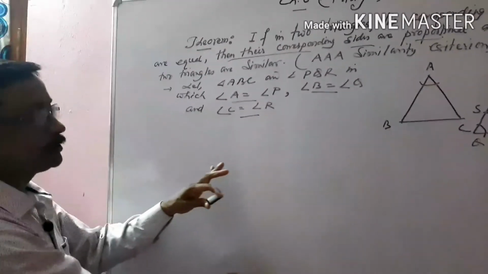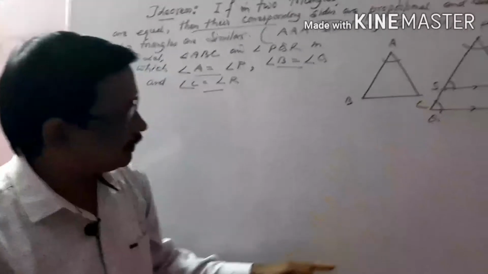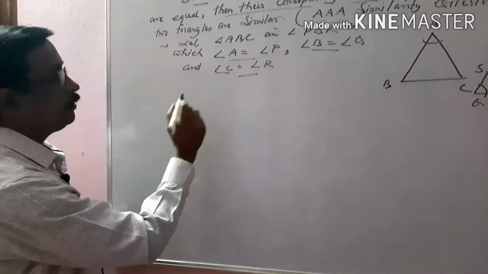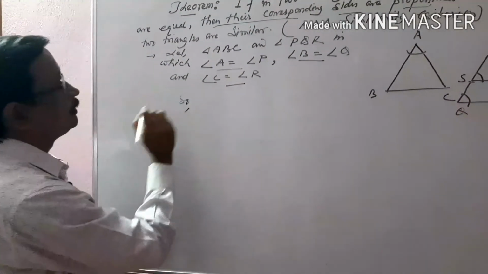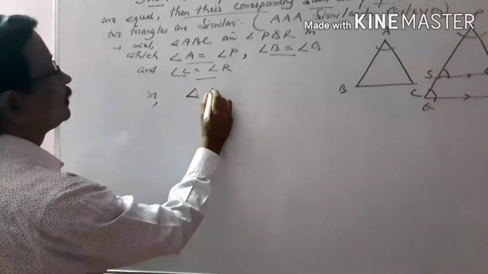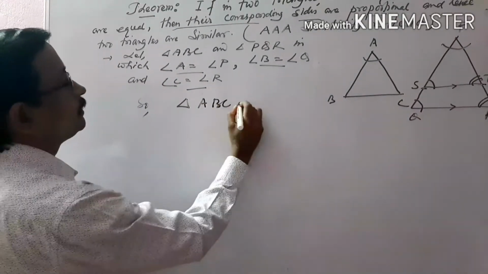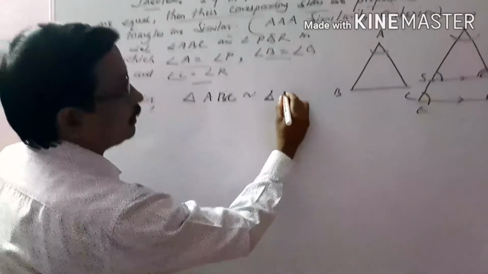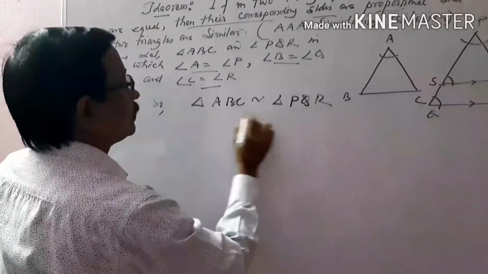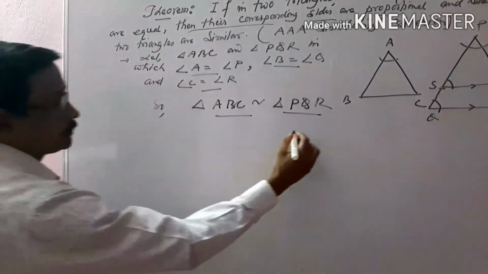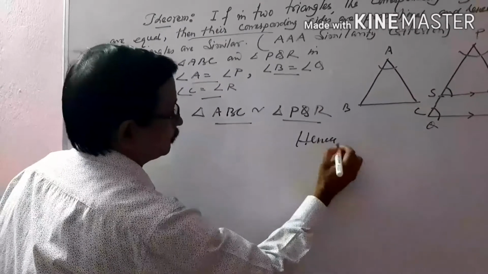So I have shown this one how corresponding sides are proportional. Now we can write triangle ABC similar to triangle PQR. So is it clear? So hence it is proved.